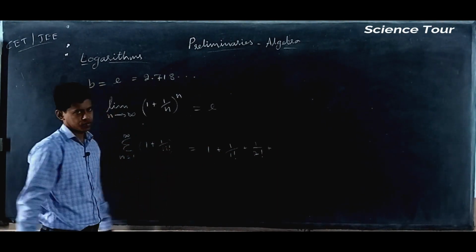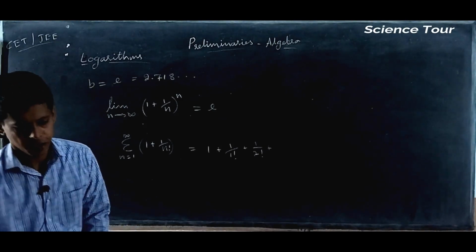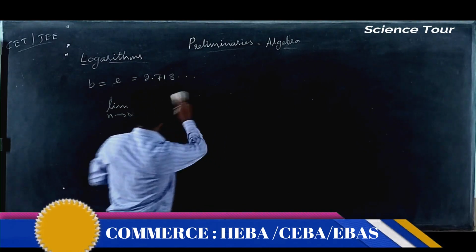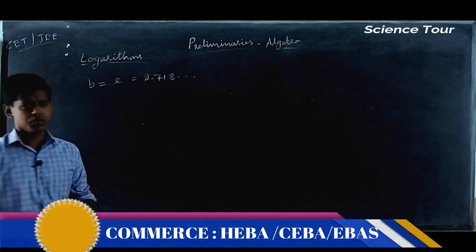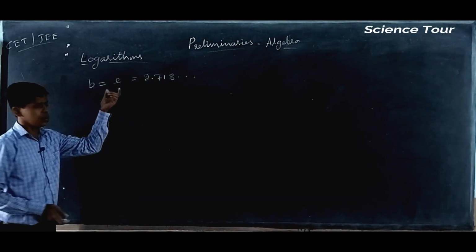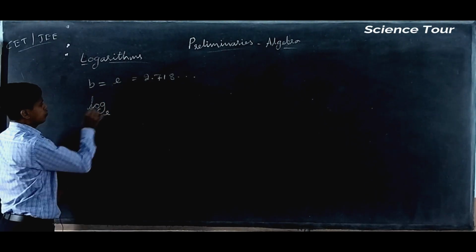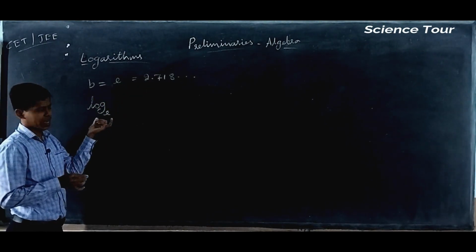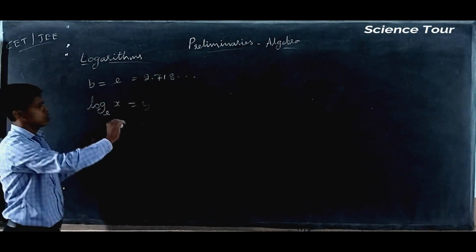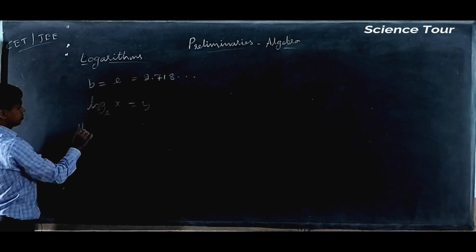Okay, so it goes on like that. Now that's the value of E. Don't worry too much about this quantity E. You will learn later. But for the time being, remember, if the base of the logarithm is this value E, all right, then such a logarithm is called natural logarithm.